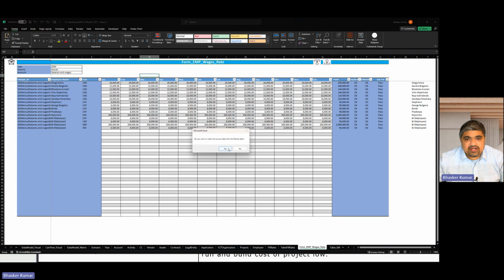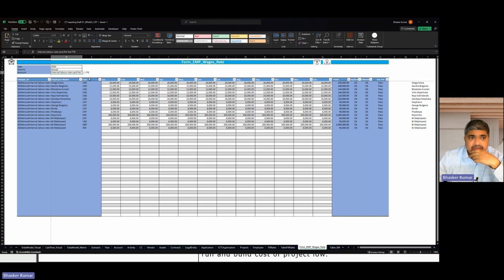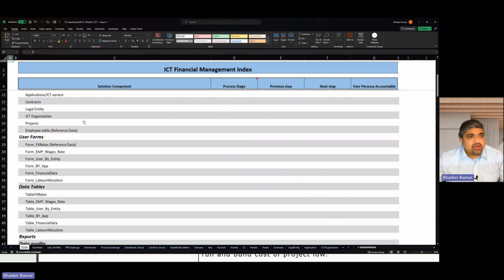So you are entering the data for salaries and wages. Maybe your cost center owners don't have access to this data, and this is entered through your HR partner. And your cost center owner is maybe just interested in entering the data for the internal labor rate card for calculating your TCO. So that is one example of how the different user profiles impact this dashboard or application.